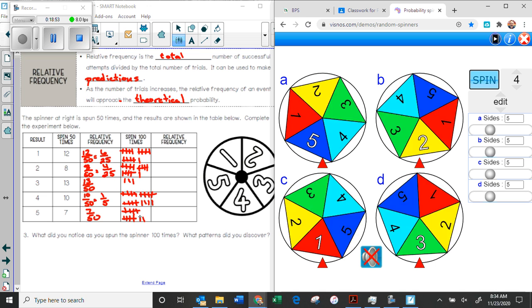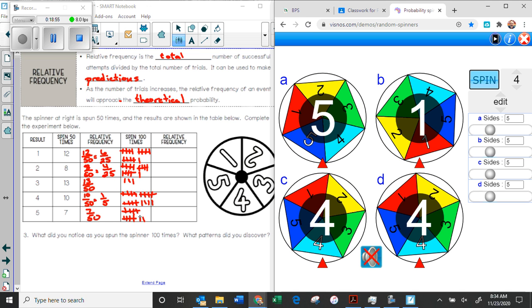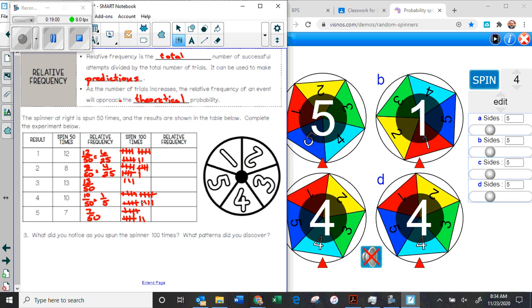It's not landing on 3 very often. 1, 4, 4, 5.